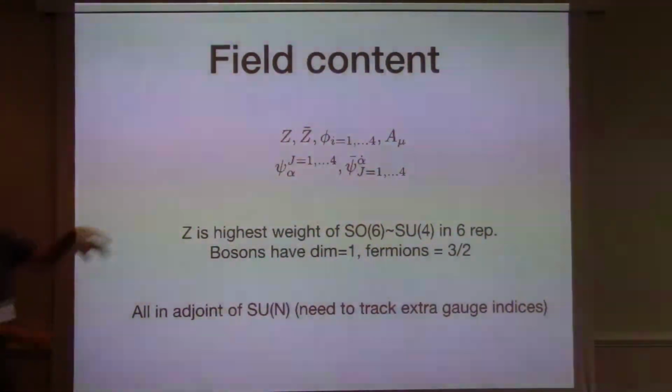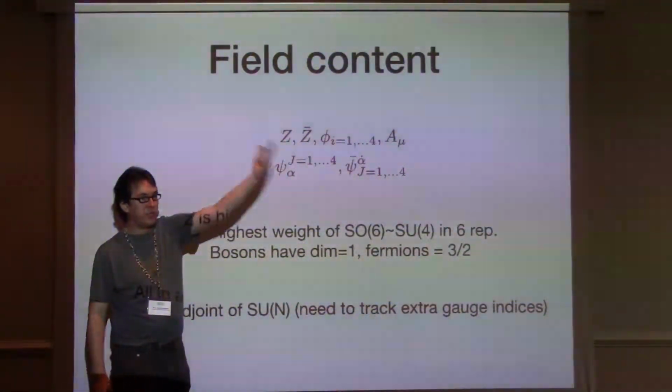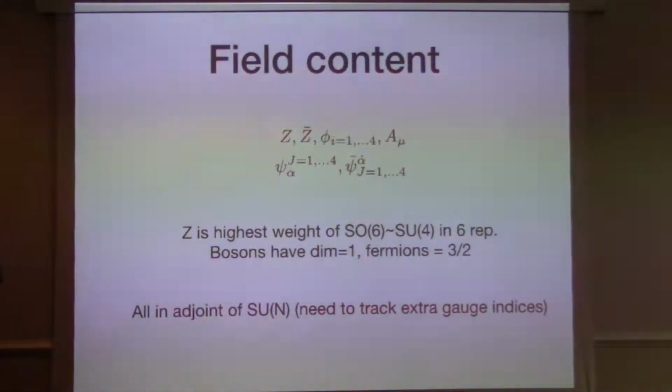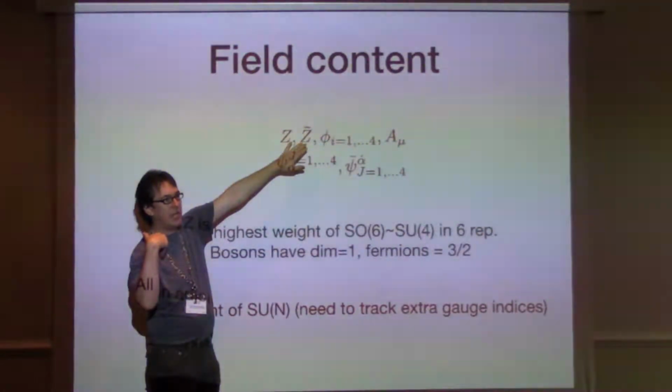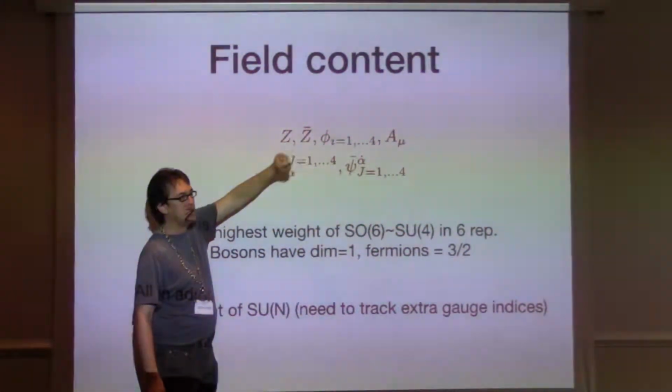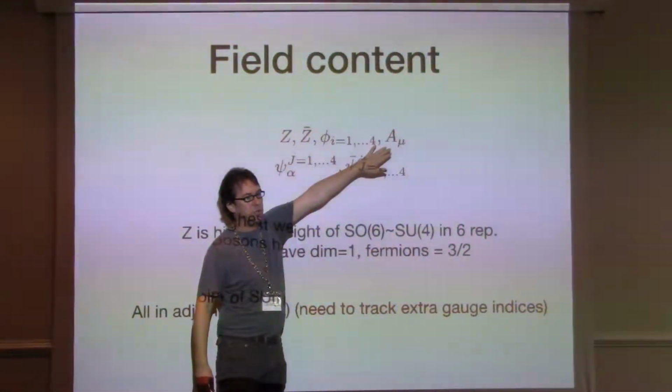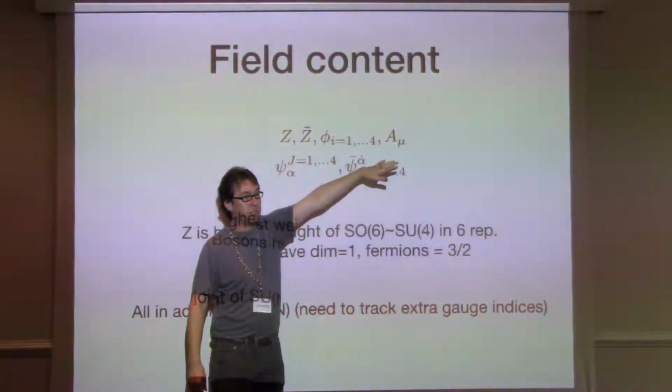And then Z is the highest weight state of SO6 in the 6 representation, and that's what I call Z. Z bar is the complex conjugate of it. It's the most negative weight. And then phi 1 through 4 can be obtained from Z by rotations.